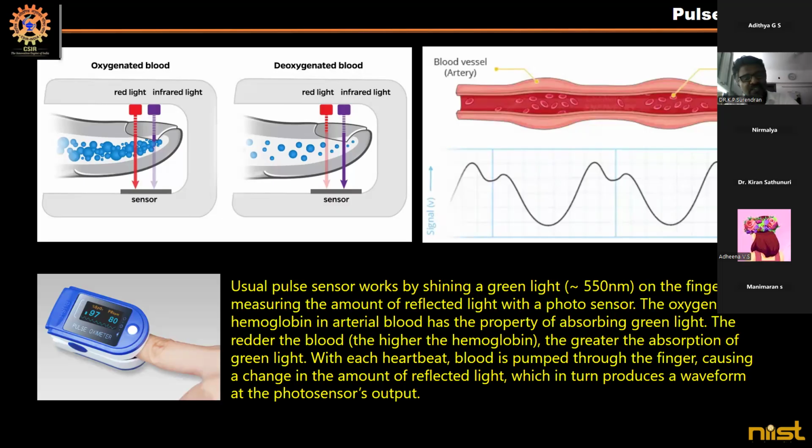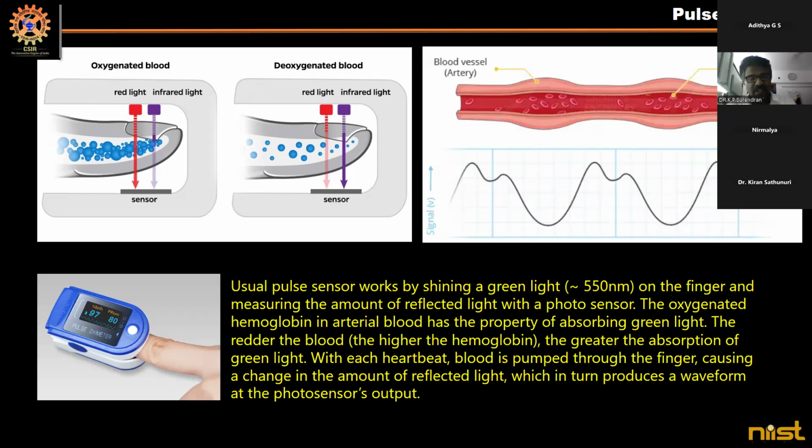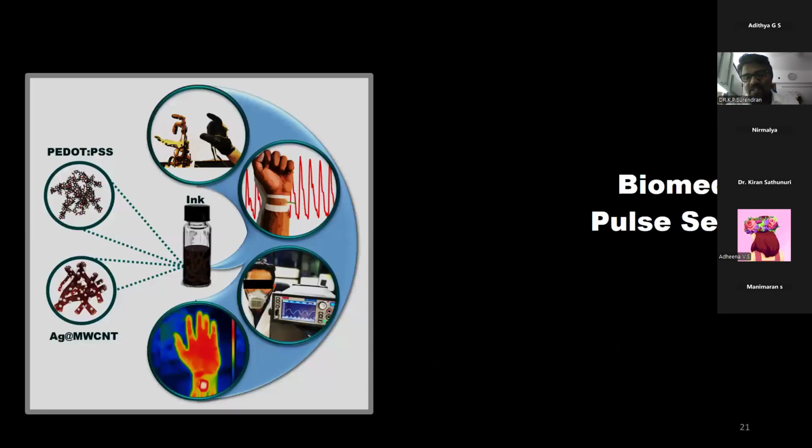Usually these kinds of sensors work by the principle of optical sensing. They work by shining a green light, using a green light emitting source, on the finger. Your finger is partly translucent, and the amount of light reflected is measured with a photo sensor kept on the other side.